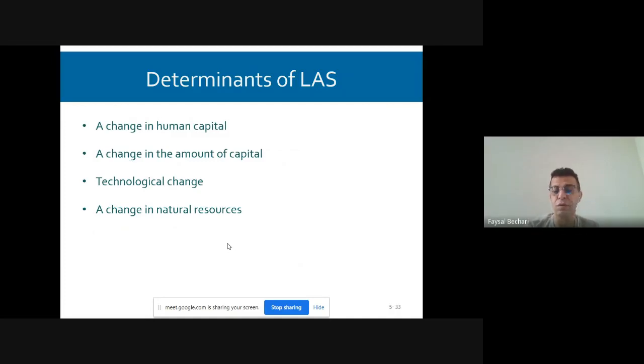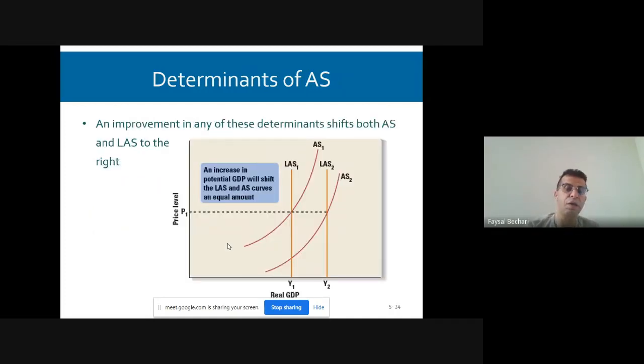Now, an improvement in any of these determines a shift of both aggregate supply and long-term aggregate supply. So first of all, it will shift aggregate supply to aggregate supply 2, because there is more wealth or more factories or the factory produces more.